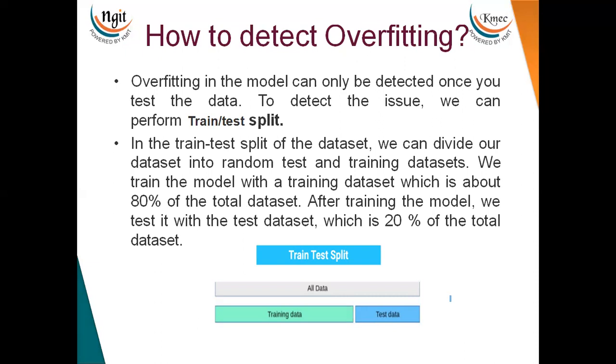That's why your first responsibility is always to divide your data into training and testing parts. Generally, 70-30 or 80-20 splitting is used. Means 80% you give for training data and 20% you give for testing data. See the accuracy that you are getting for the training data and the accuracy that you are getting over the testing data. If both accuracies are satisfactory, then your model is a generalized model.